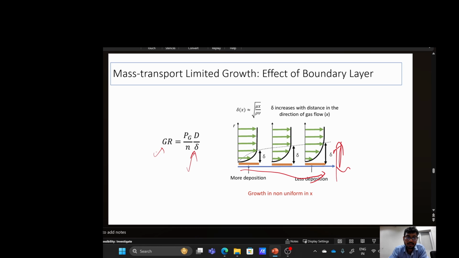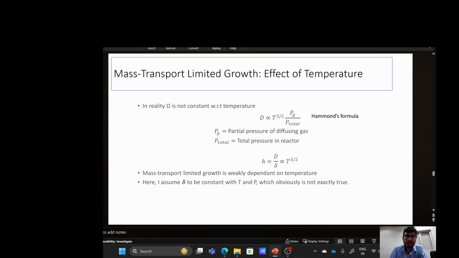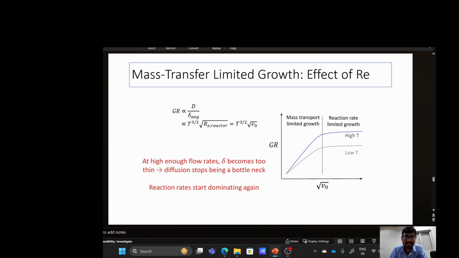Therefore the growth rate will decrease. The wafers kept at the end of the reactor will have lesser deposition than the wafers in the front. The thickness will be lesser towards this end. I'm just skipping these effects of temperature.